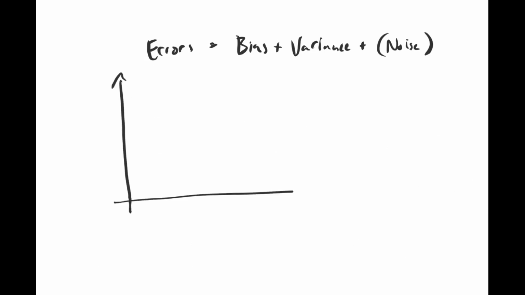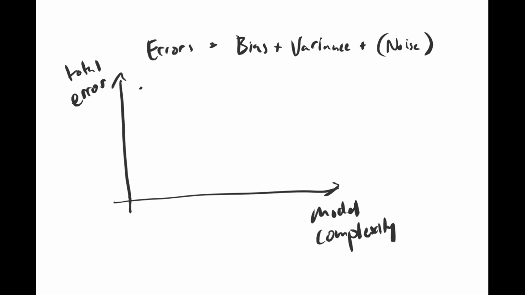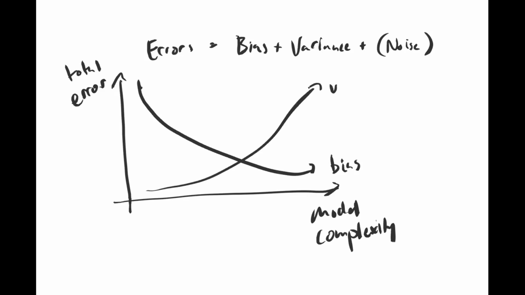And so in our total error, as you increase model complexity, your bias will go down, but your variance goes up, as components of your error term.